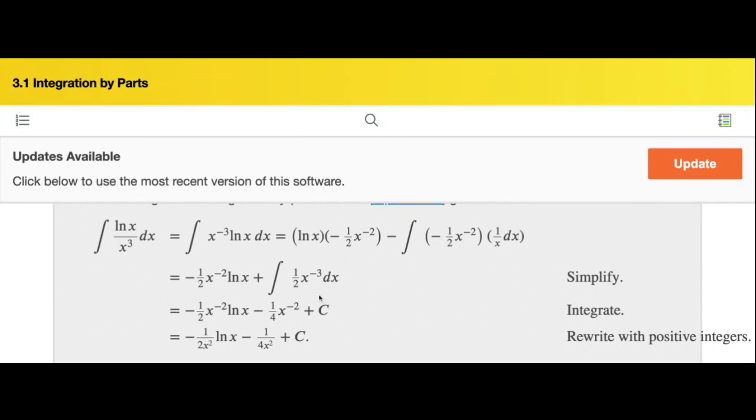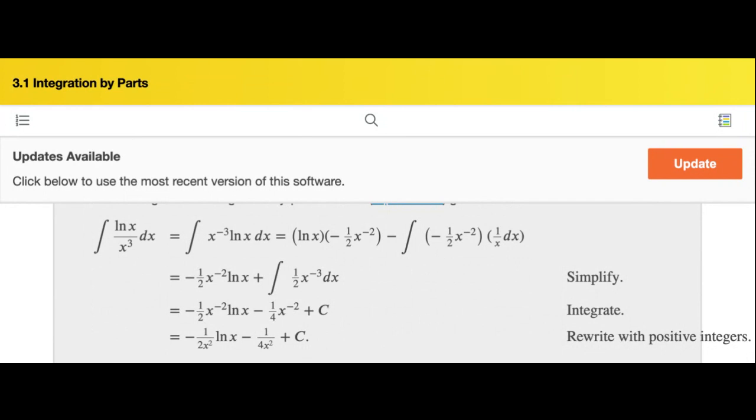Then anti-differentiate ½ x raised to -3, we get a quarter x raised to -2, which we can write as 1 over 4x squared, plus c.